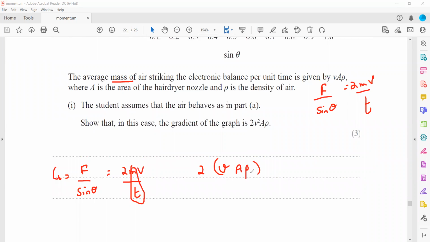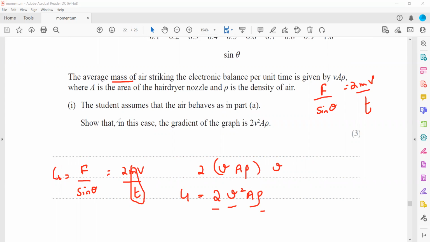And then V is there, the speed. When we multiply, this will be equal to 2V squared Aρ. So it shows that the gradient is equal to 2V squared Aρ.